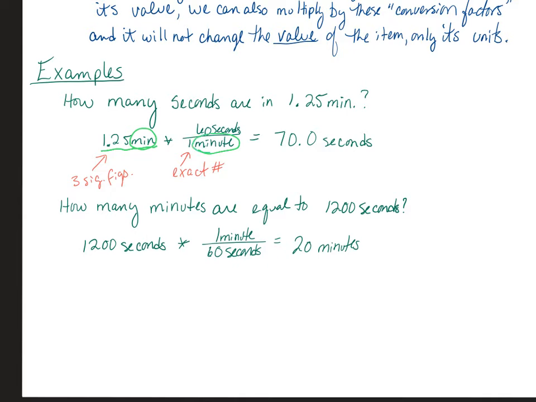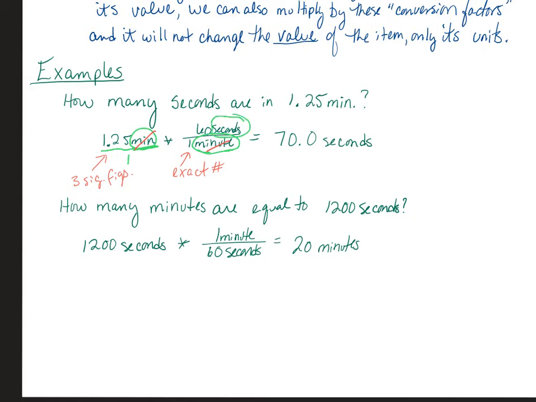Well, in order to do that, whatever's on the top here, because remember, this is all over 1, I want to put on the bottom in my conversion factor. Because when I do that, looky here, the minutes here and the minutes here cancel out. And now my unit is in seconds.